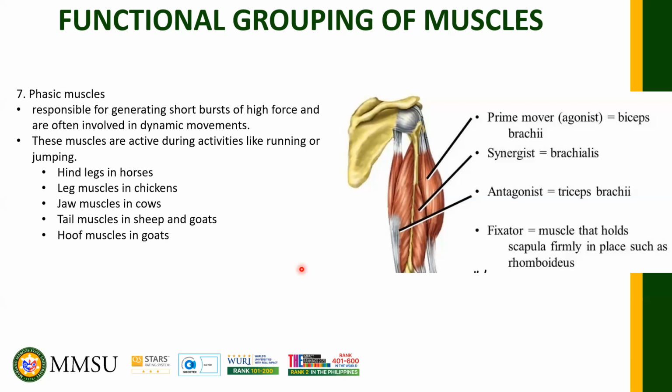Gluteus and then hamstring muscles. Okay, that is just ham, the food, then string. Hamstring muscles. They are considered as phasic. So these are responsible for generating explosive force during activities like, for example, when our horses gallop. That is for the phasic muscles.